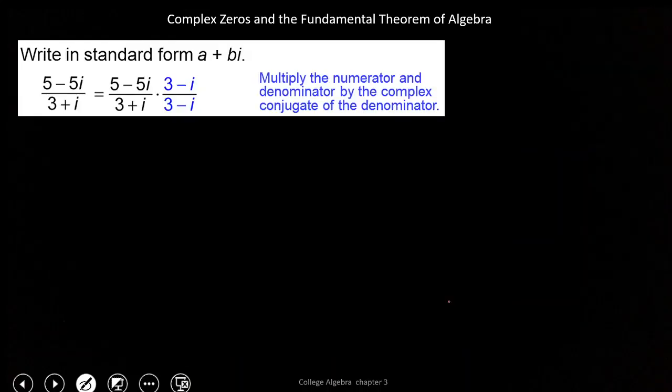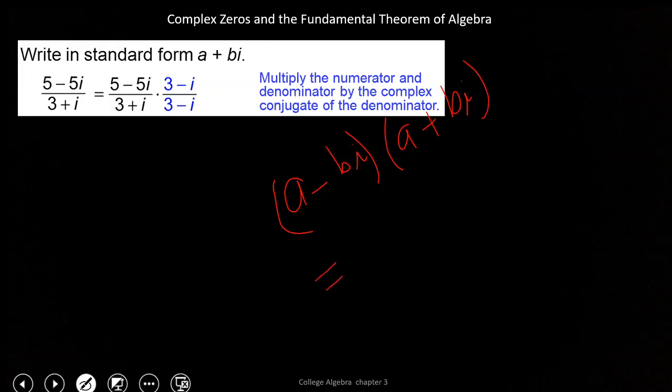Now, how do we divide two complex numbers? Well, we can't. We cannot divide by complex numbers, but we can use this trick. If we have a complex number like this and a complex number like this, if we multiply these two, we end up with a squared minus bi squared.